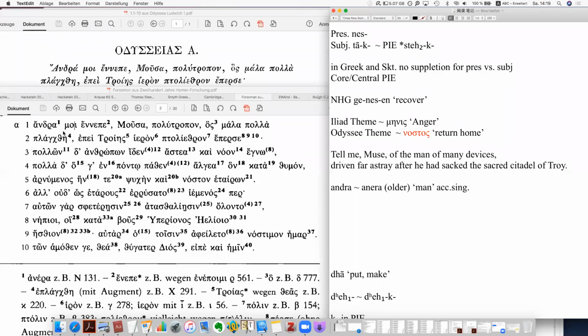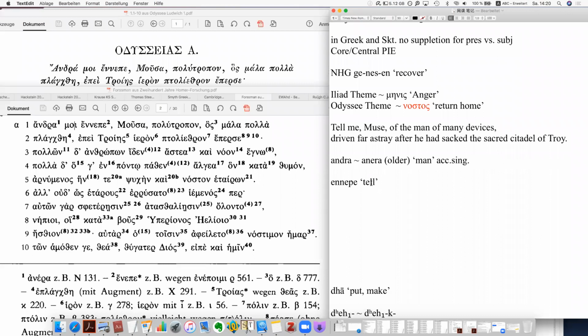And then the second one, moi, there's not much to say. Moi means to me, dative, right? Tell something to me. Then comes the third word, ennepe, and you all know that it means to tell.